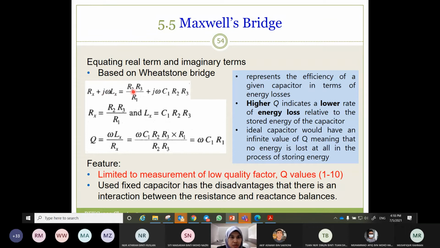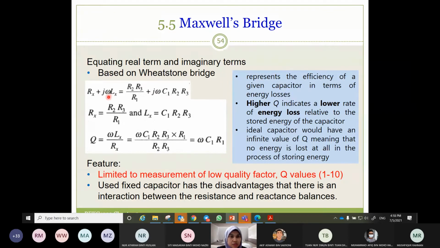At the right side, R2 R3 over R1 is the real term. Plus, this term is the imaginary term because of J here. Now we equate the right side and the left side for the real terms and imaginary terms. So Rx will be equal to R2 R3 divided with R1, and J omega Lx will equal to this.